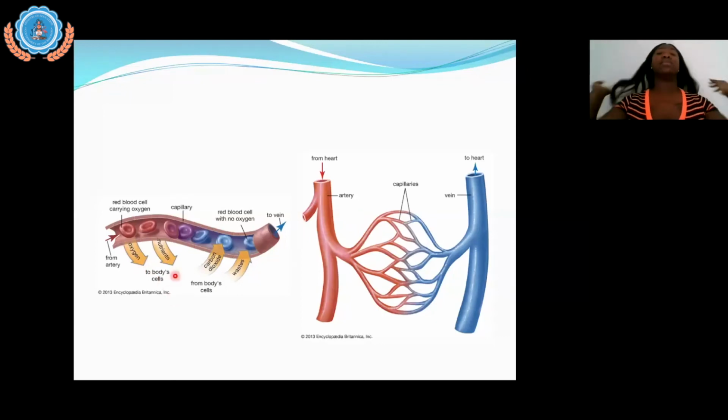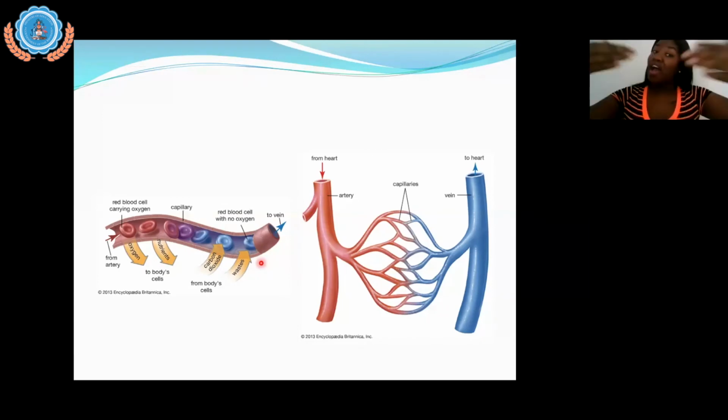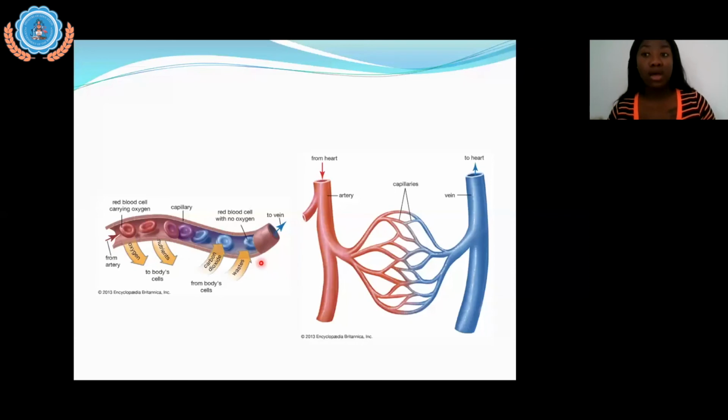And those body cells that have already used up that oxygen and that food have now, quote unquote, burped, and are excreting that carbon dioxide and waste back into the red blood cells, of course, to be carried back to the lungs. And this is also done through that one cell thick lining of the capillary.